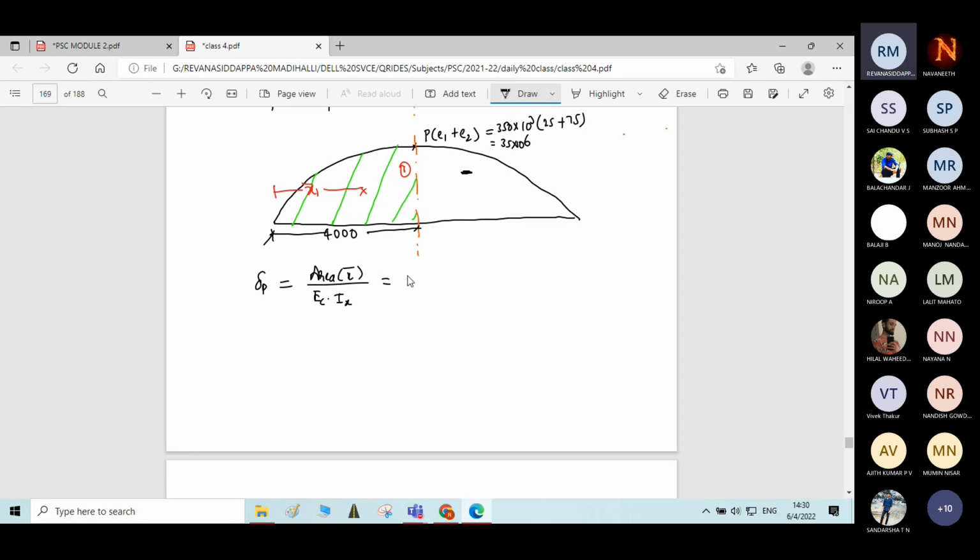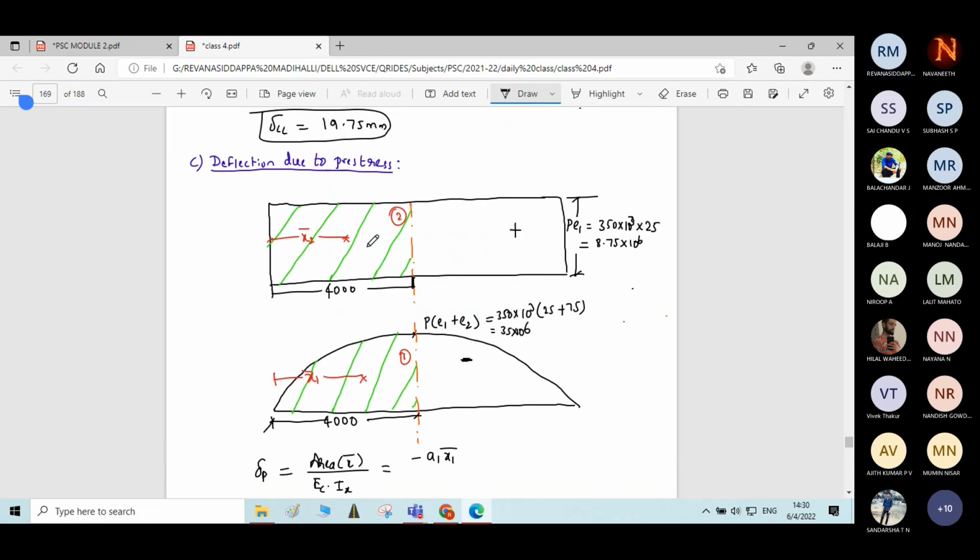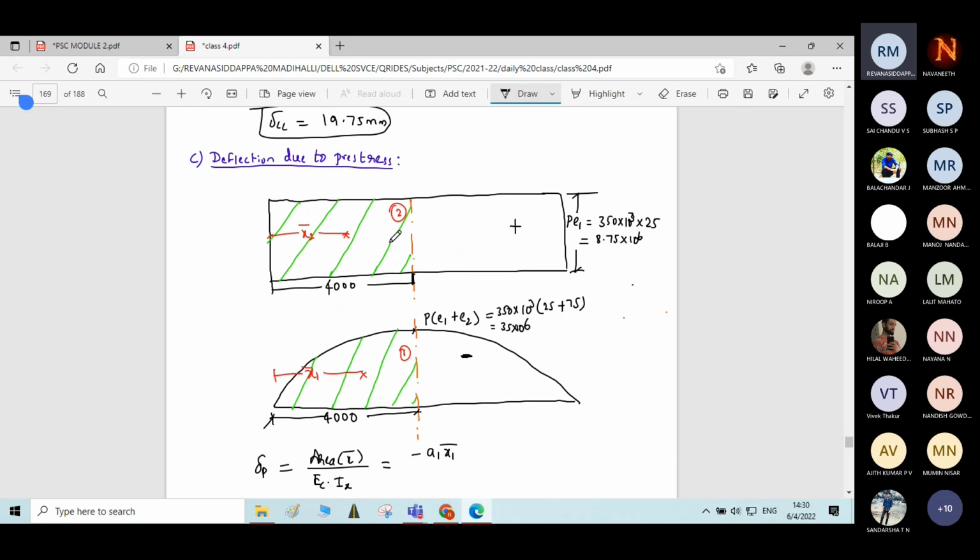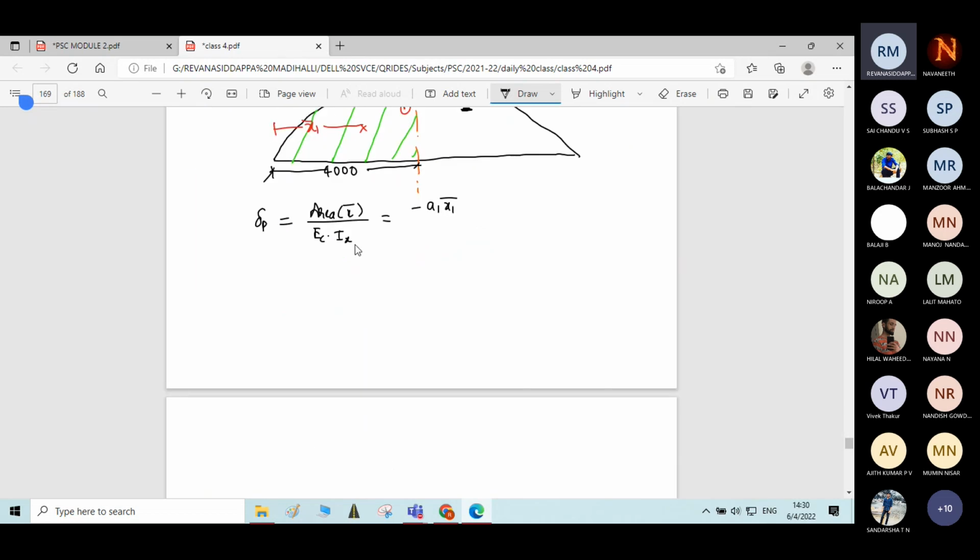Area into x bar divided by Ec into Ix. Expand this formula. So for this parabola, the sign is negative, minus A1 x1 bar. For this rectangle, the sign is plus A2 x2 bar, whole divided by Ec into Ix. Now find A1.